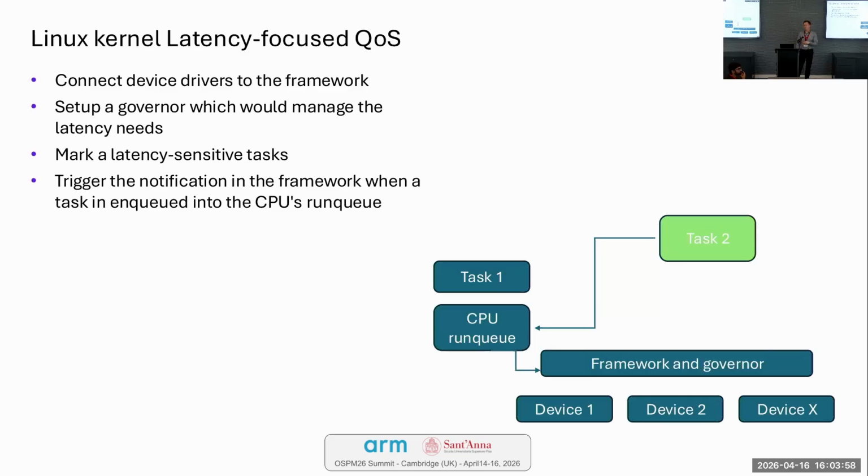Right now, what we provide to the scheduler is the max and the target of the utilization. It just takes the max between the utilization and the minimum required utilization. So you can easily boost the frequency of your CPU.